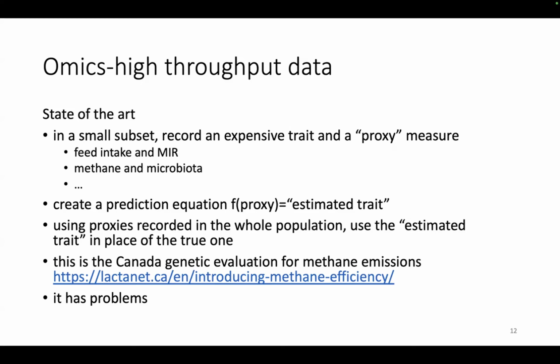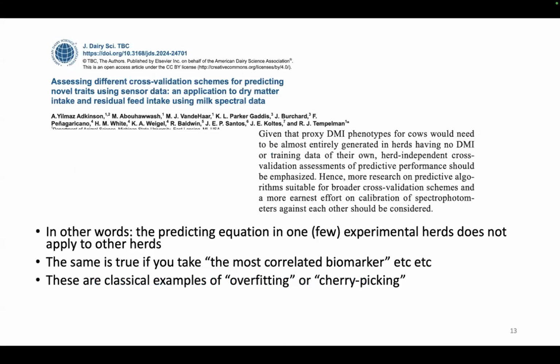But in my opinion, this has problems, and the problem is kind of obvious when you think about it, and it was shown in this particular paper. Basically, if you build a prediction equation based on some kind of complicated recording with many possible values, the prediction equation will work very well in your farm, in your experimental herd, but it doesn't necessarily work in other herds, because you just found one that fits very well, but there's no reason for it to fit other herds.